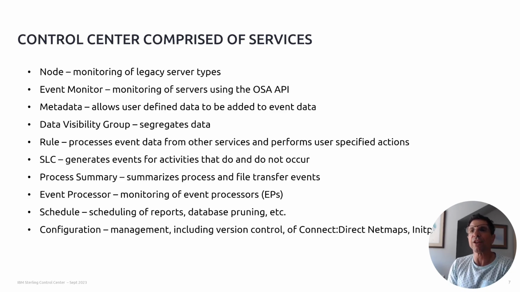The data visibility group is used to segregate data. So you can set up users and restrict the servers that they're allowed to see, but what if within a server there's data, file transfers and processes that run, that some users should see and some users shouldn't see? Well, when that's the case, that's what the data visibility group is used for.